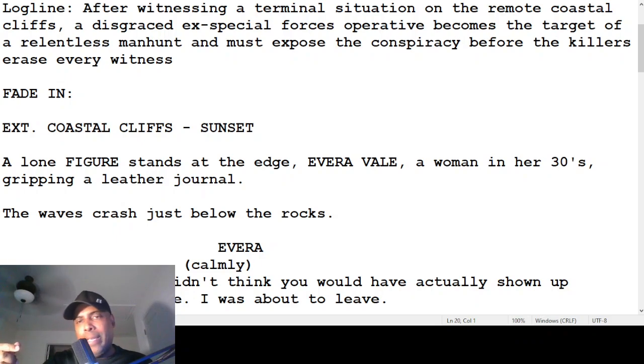He's got the hero's journey situation where there's conflict and confrontation, and his own people are after him, and he's confiding in Avera, who's probably the only one left in his group to help him clear whatever those bad guys are doing. Fade in. Coastal Cliffs, sunset.